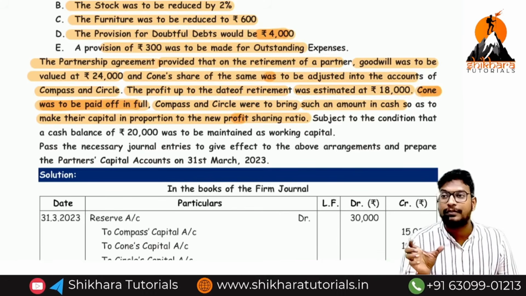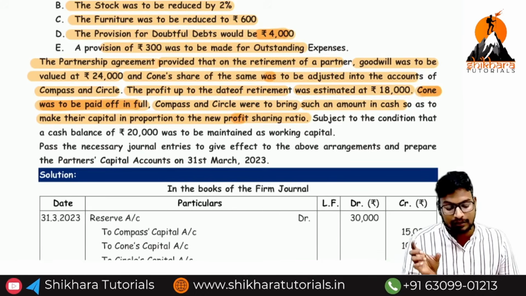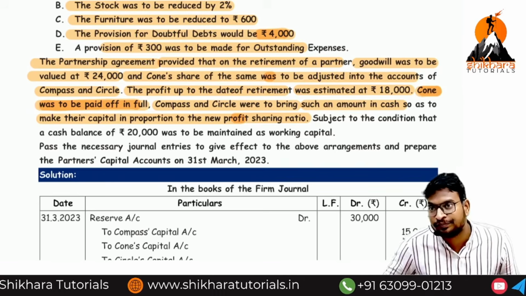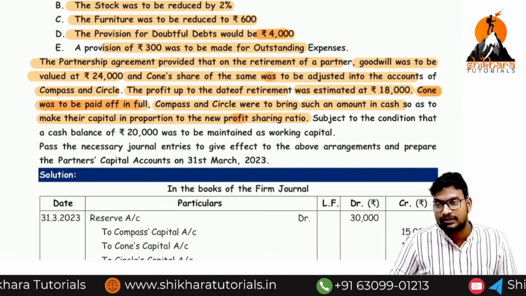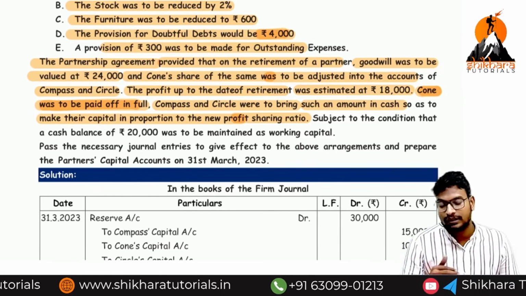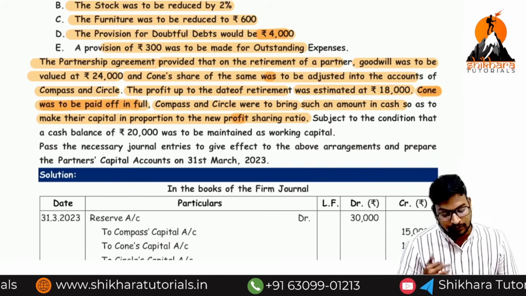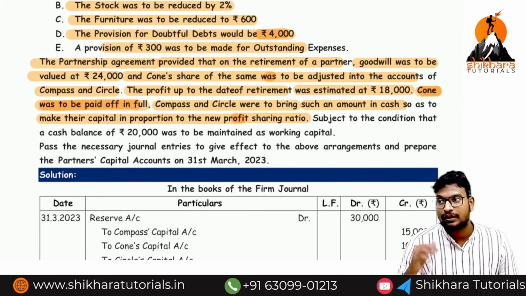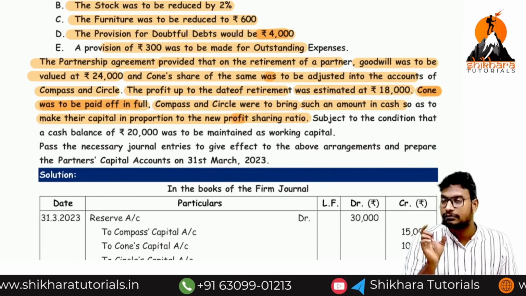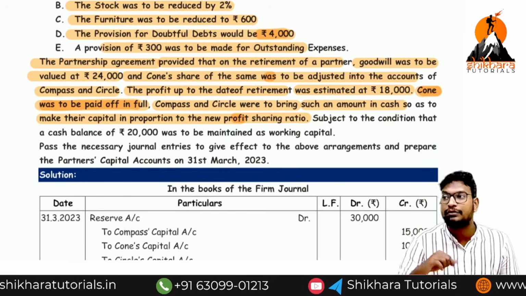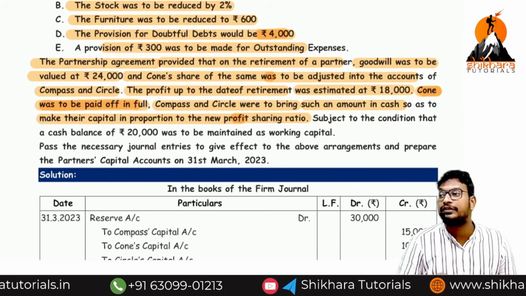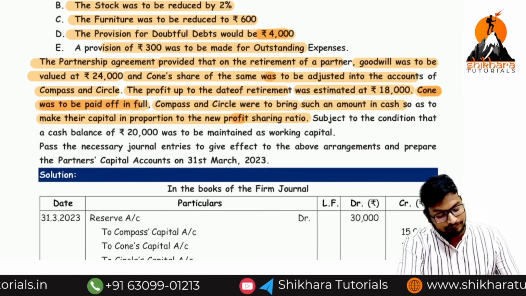We need to add back the total capital of the two members, and we need to adjust with the new profit sharing ratio. So after completing all the adjustments, we can find out the closing balance of Compass and Circle. Then we need to add back both the capitals and make the readjustment with the new profit sharing ratio.